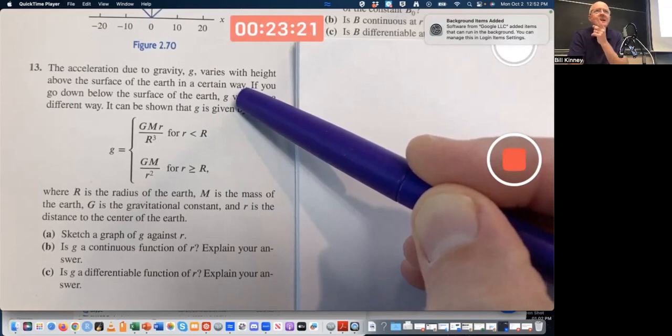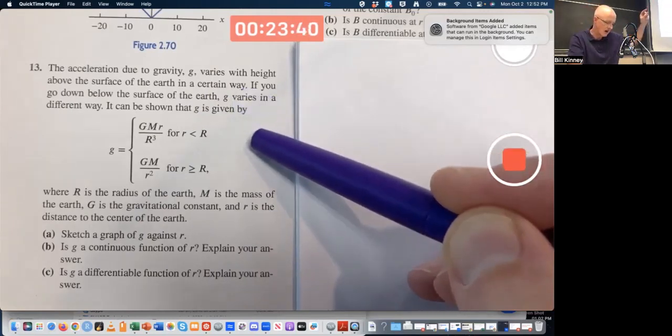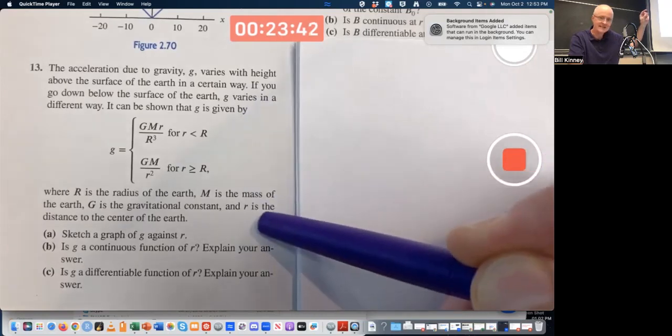Anyway, little g, the acceleration due to gravity near the surface of the Earth, is actually not constant. If you go to the top of a tall mountain, it's a little smaller, maybe 9.7 meters per second squared instead of 9.8 meters per second squared. That's because it's really a function of how high you are above the surface of the Earth. Little r here is the distance to the center of the Earth, actually, instead of the surface. It's not constant.